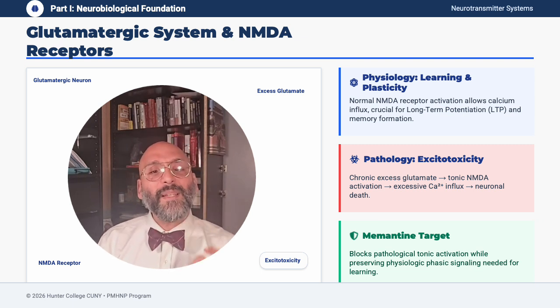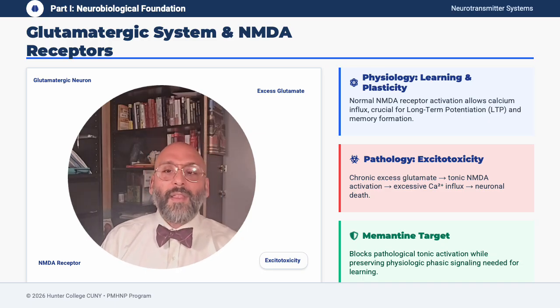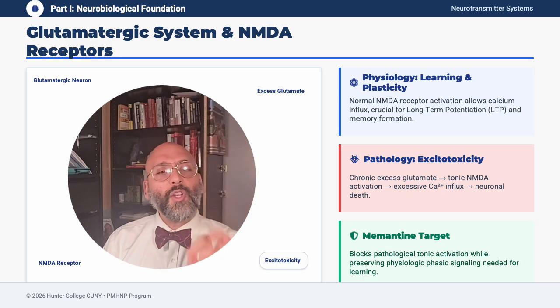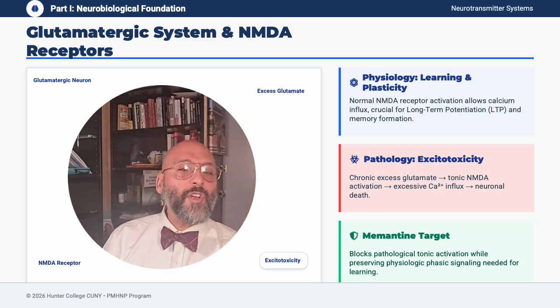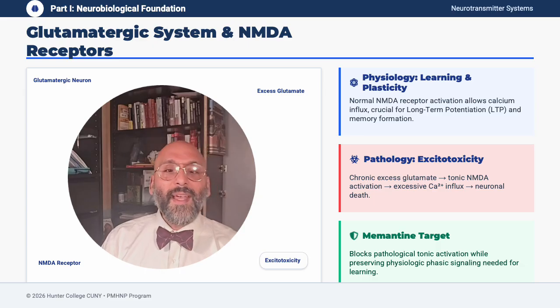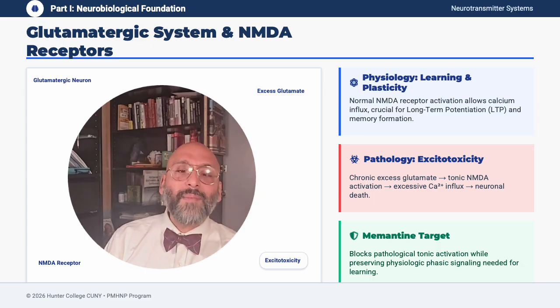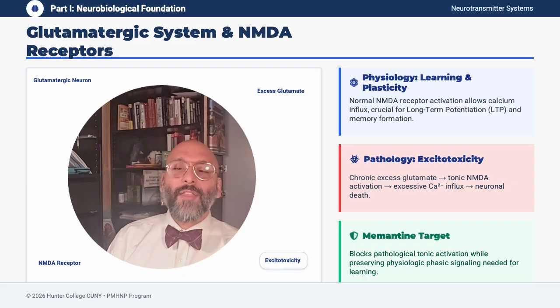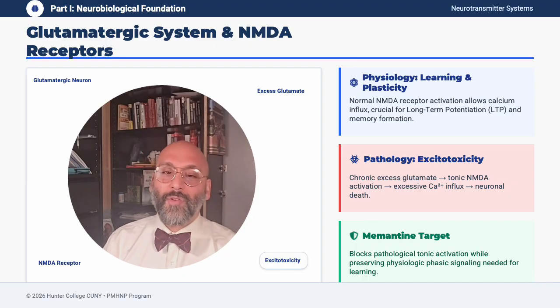Now that calcium signal is what drives long-term potentiation, the cellular basis of learning and memory. So at baseline, NMDA receptors are not just on switches, they are coincidence detectors. They require the right timing, the right voltage, and the right amount of glutamate. That precision is what allows learning without injury.